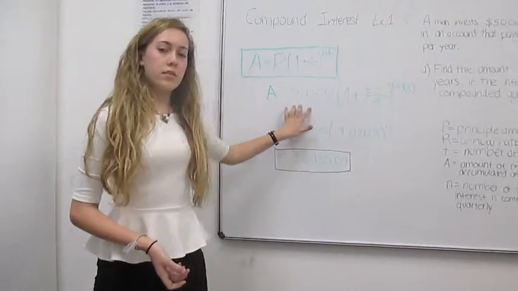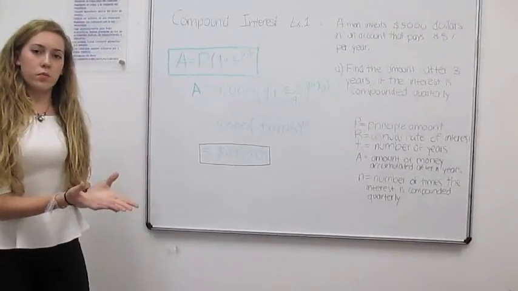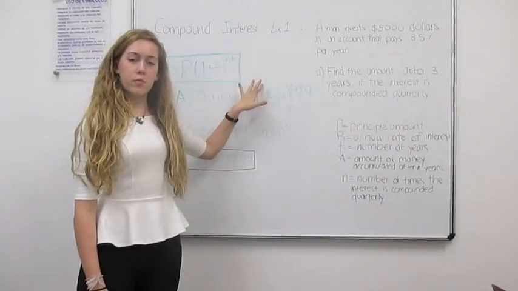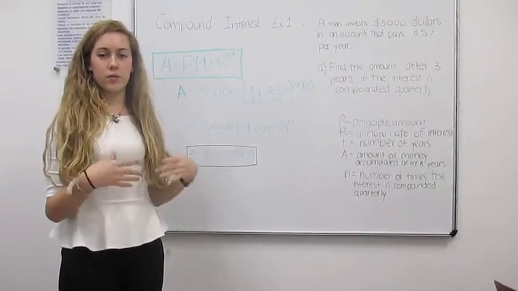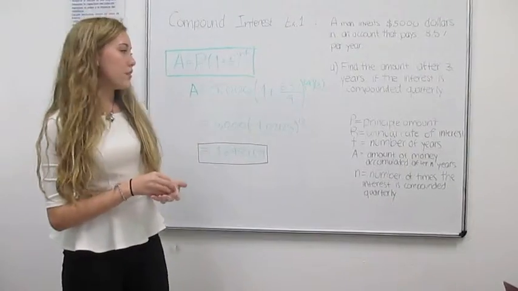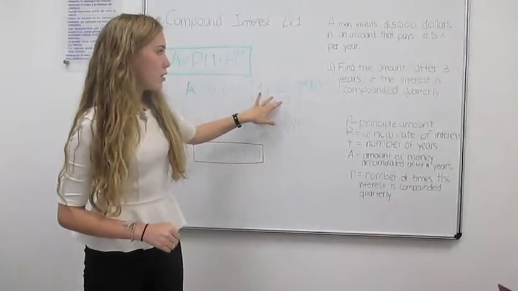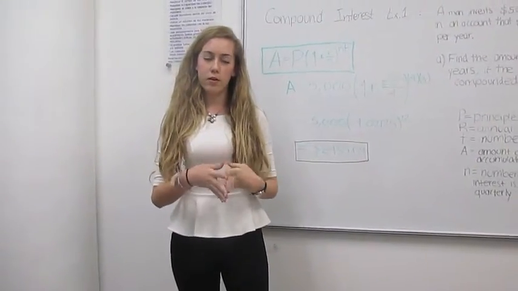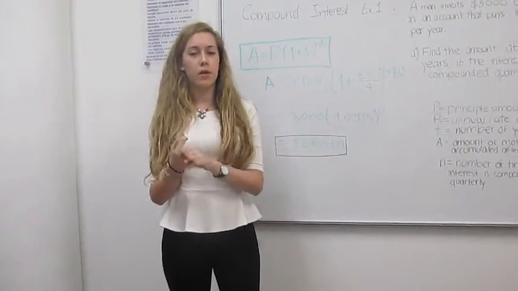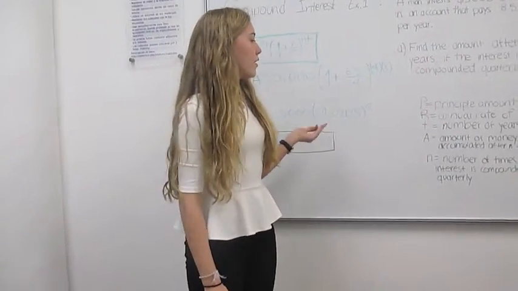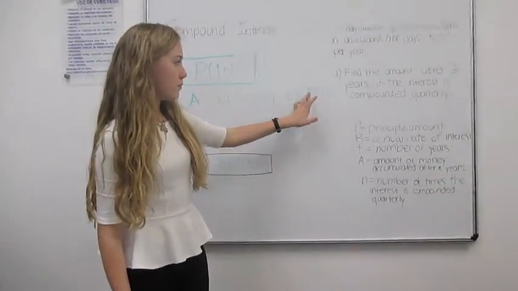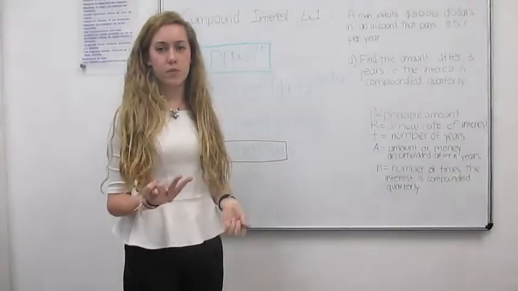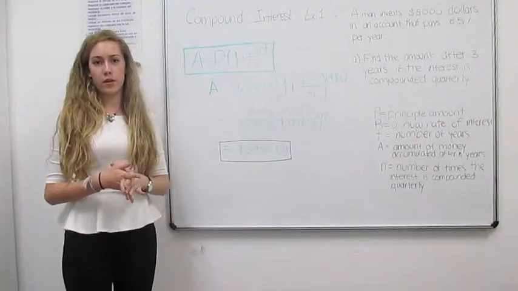P is $5,000, which is what the man first put into his bank account. Then we put 8.5%, which is the interest that he receives for having his money in that bank. 4, because it is compounded quarterly, that means 4 times per year, that means every 3 months. And finally, here we have 3, which is time, 3 years, because he has it inside of that bank for 3 years.